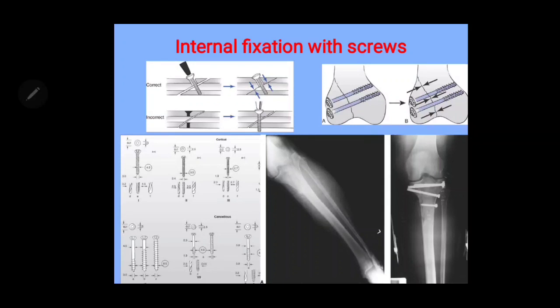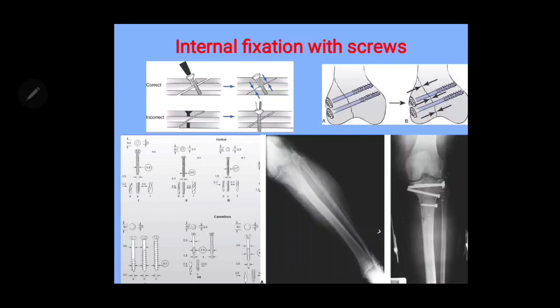We have two other common sizes for screws, 3.5 and 4.5. So 3.5 is used for tibial bones, forearm, and 4.5 can be used for such bones as femur. As well, when we're talking about femoral neck fractures, more powerful screws of diameter 6.5 or even 7 millimeters should be used to fix femoral neck fractures.